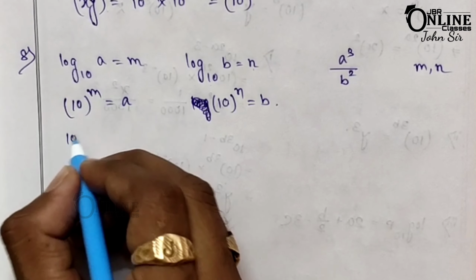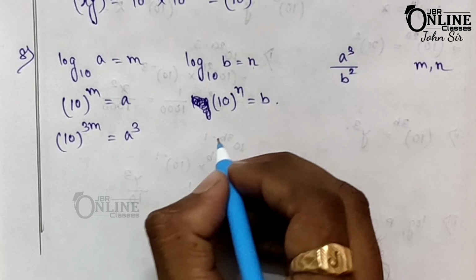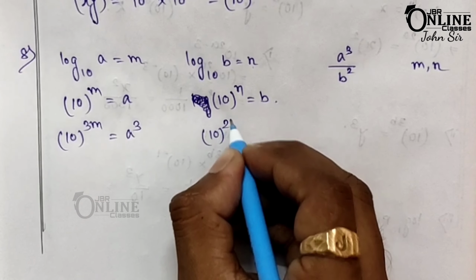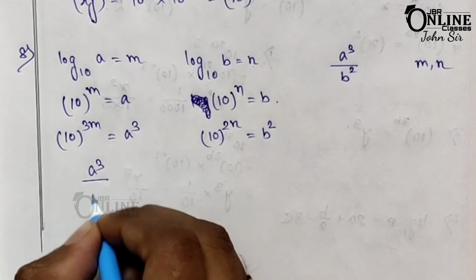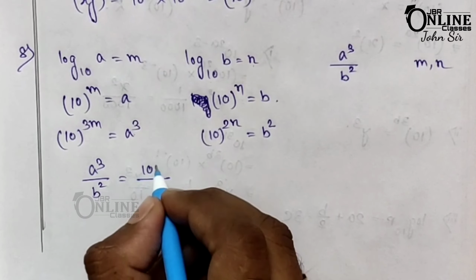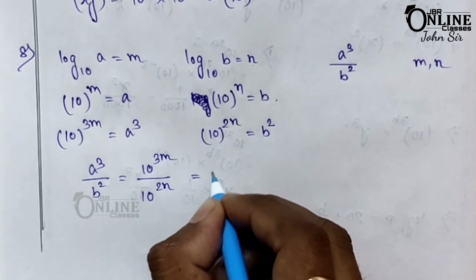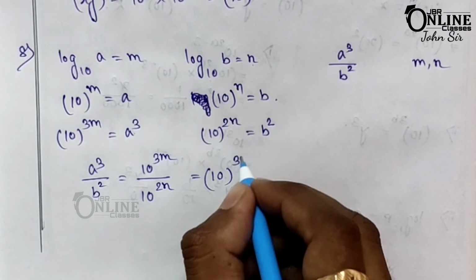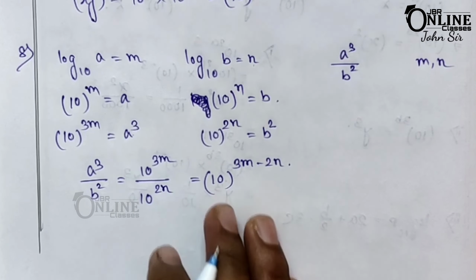So a cube means 10 to the power 3m, cubing both sides, and b square, squaring both sides, 10 to the power 2n equal to b square. Now a cube by b square, that means value of a cube is 10 to the power 3m and here 10 to the power 2n, and by the formula it will be 10 to the power 3m minus 2n. Okay, that is the formula.